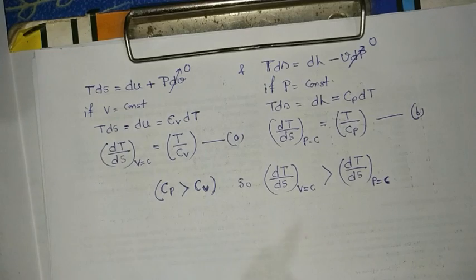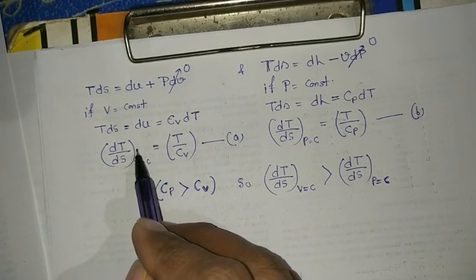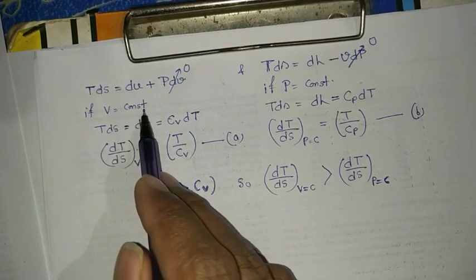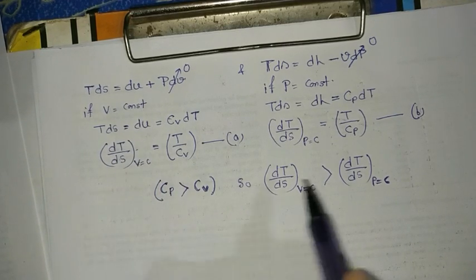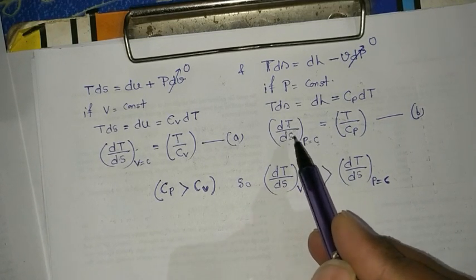And what is dT over dS representing? It's the slope of the constant volume lines on the TS diagram. Similarly, dT over dS at constant pressure is the slope of the constant pressure line on the TS diagram.